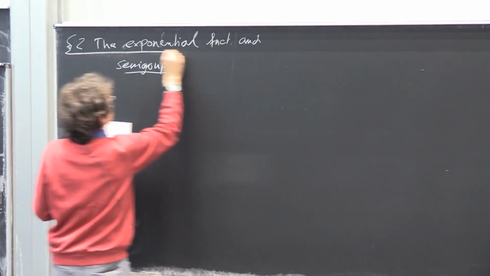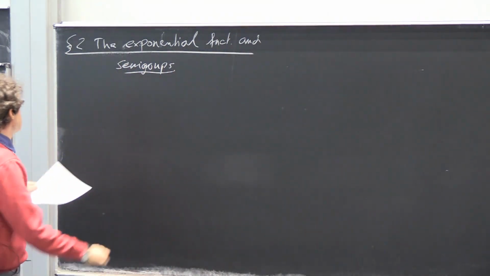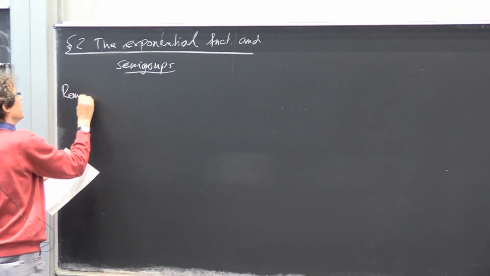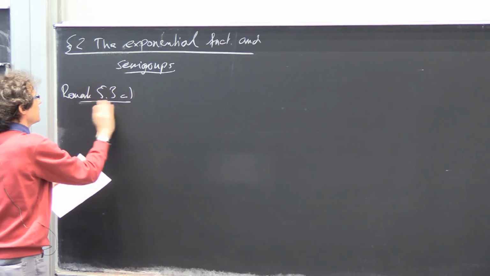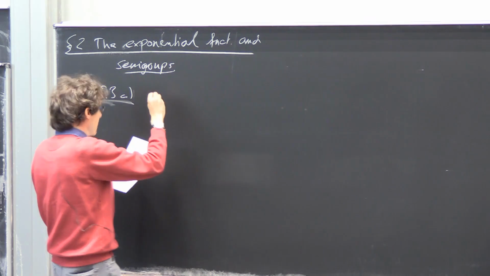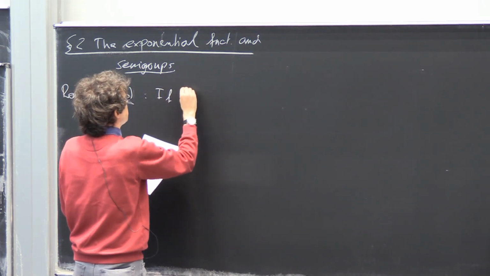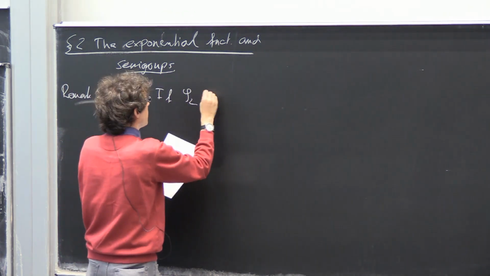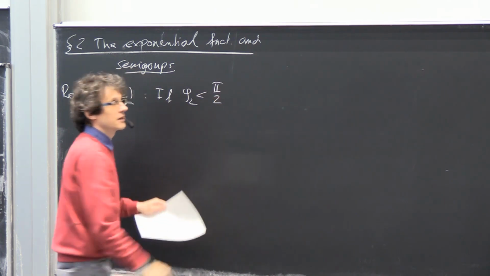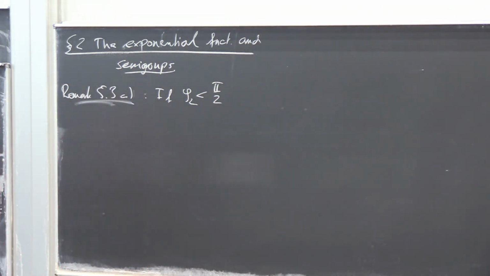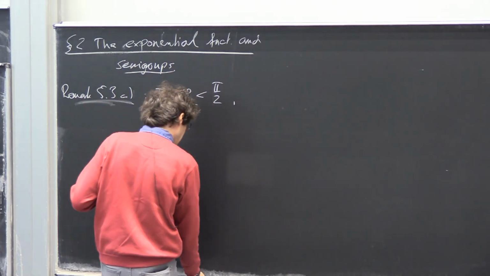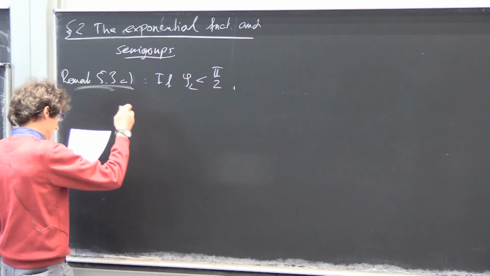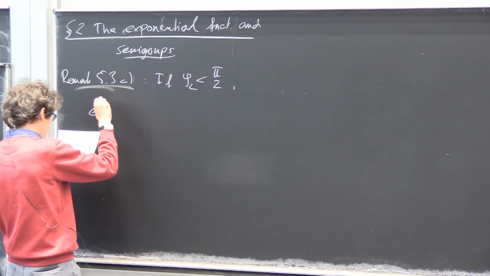for these two exercises. We've seen in Remark 5.3a, so this is a reminder, that if the sectoriality angle of our sectorial operator is less than pi over 2, then the exponential function is even in our elementary calculus.